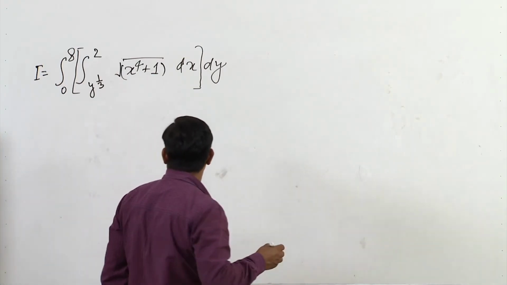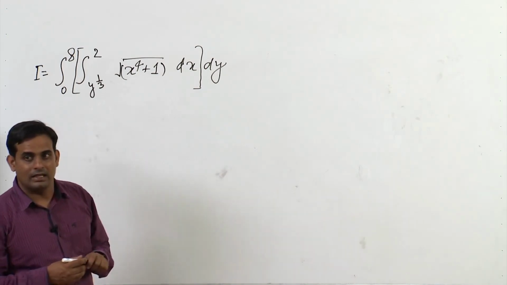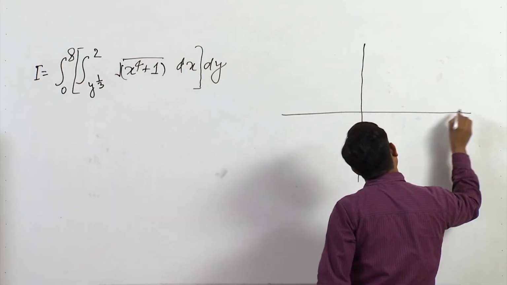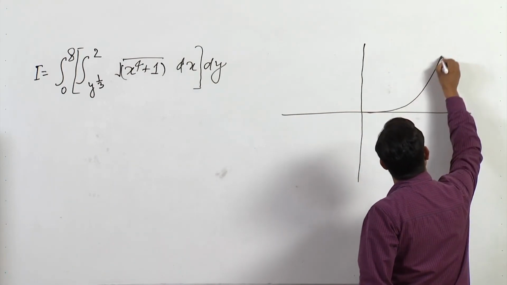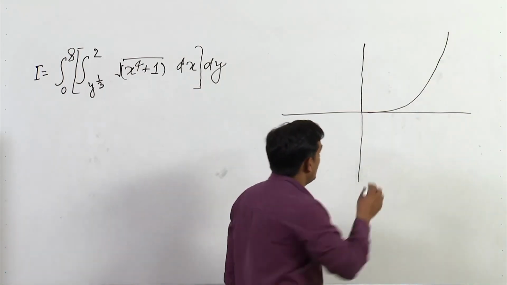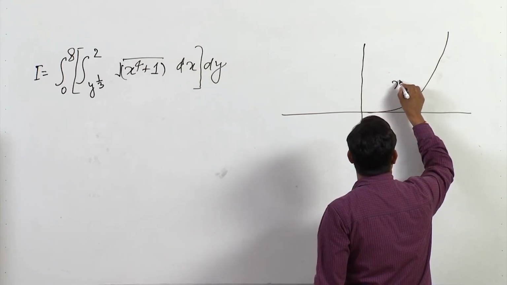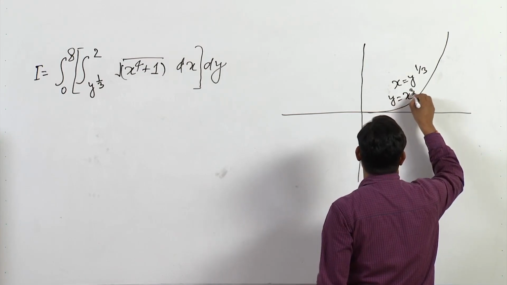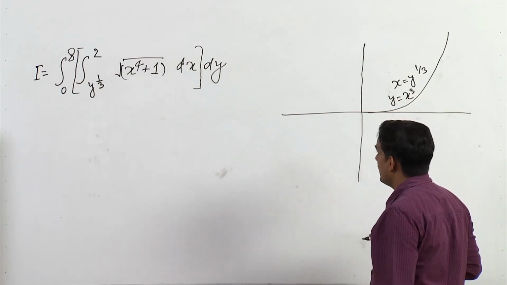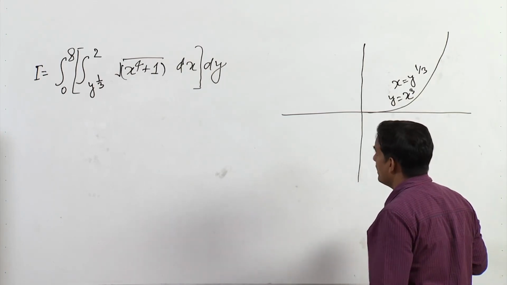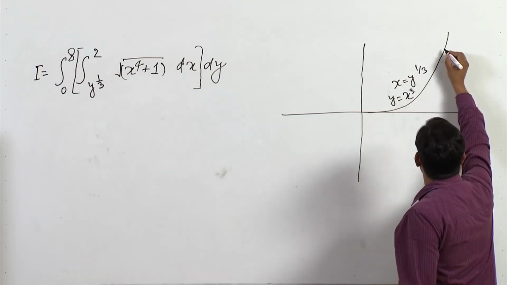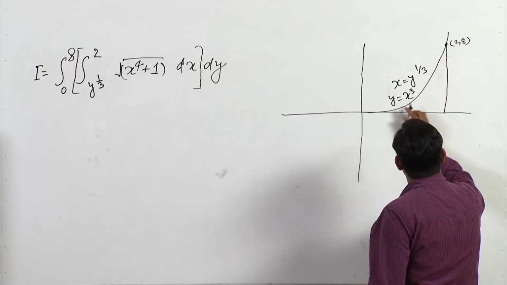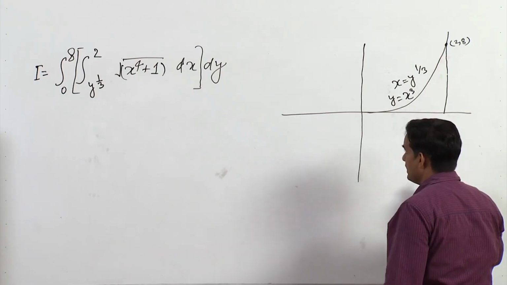For that, first I need to sketch the region, with the curve y equals x cube. The other one starts from here and goes up to 2. Let us say this is the point 2, 8. So the region is this one.